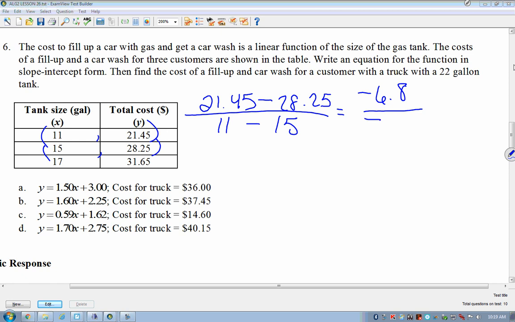Negative 4. And can I simplify that at all and get just a decimal value for that? Is it 1.7? Okay, 1.70 is my slope. So we've got that, and we've showed our work for it.